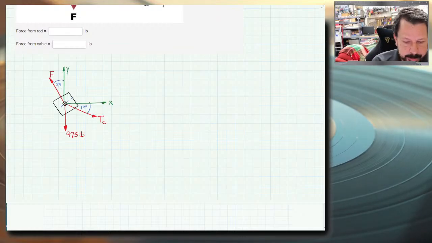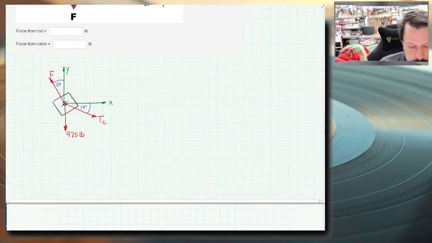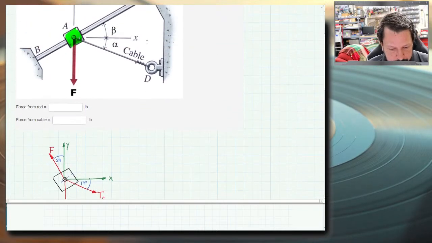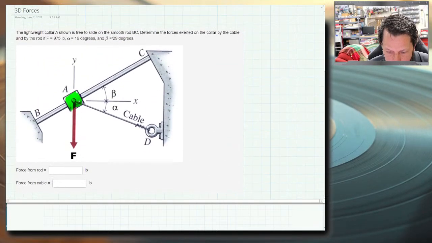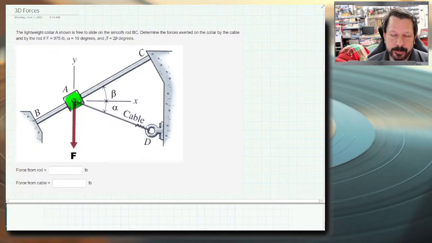And I know that I have two equations, since this is in equilibrium. I don't know if the problem stated that. It does not. But you kind of assume that this is in static equilibrium. If it doesn't specifically say it, and we're in a class called statics, then we can assume that this is supposed to be in static equilibrium.